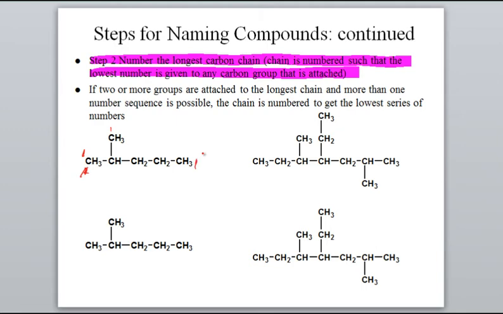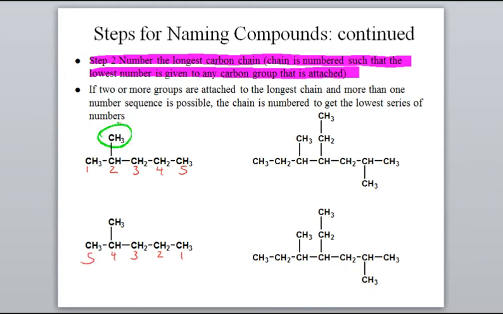When you assign numbers, you want to make sure that the groups, the branch points, are attached to a carbon that's as low as possible. So let's give a couple scenarios on numbering these carbons. Let's say this is carbon 1, so 1, 2, 3, 4, 5. Let's say we decided to start with 1 over here. 1, 2, 3, 4, 5.